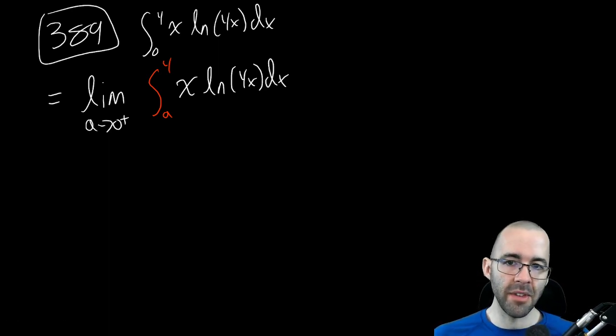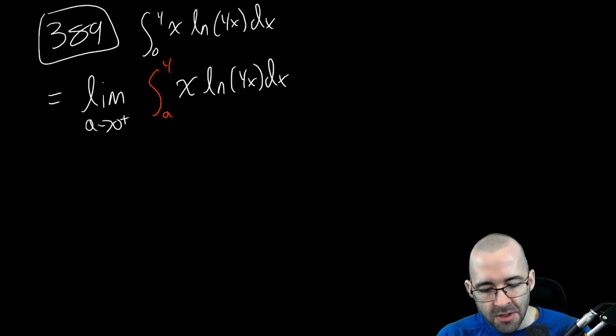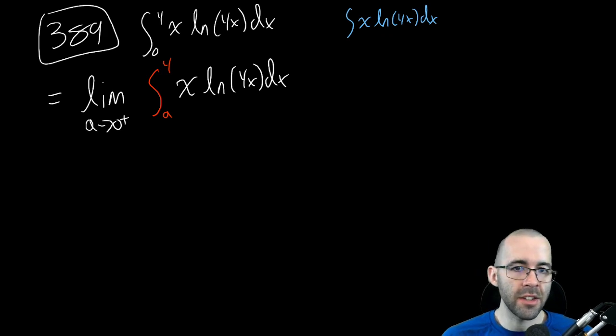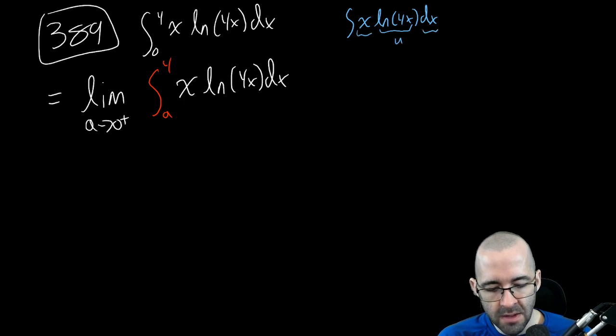Now we need this antiderivative. Nobody likes writing a limit 50 million times, myself included. So let's go off to the side to find this antiderivative. This is going to require integration by parts. Let's let this be our u, and this be our dv.